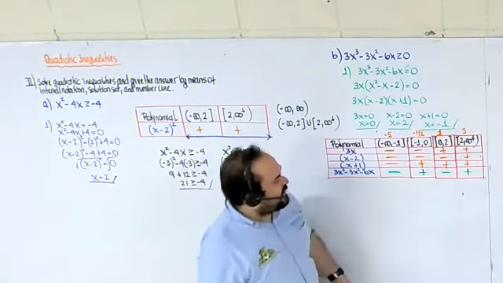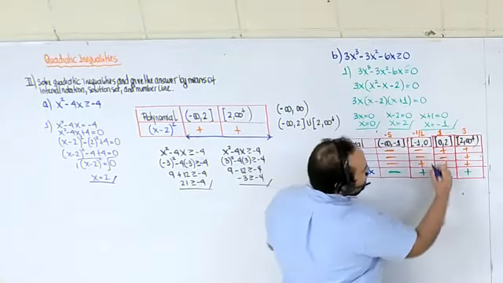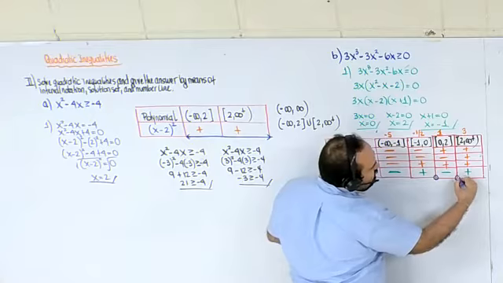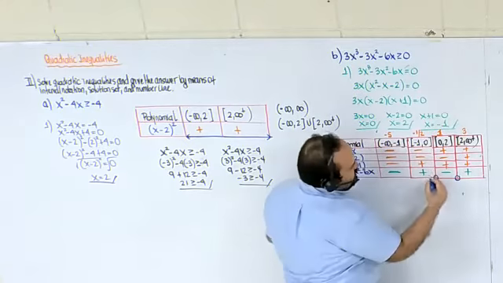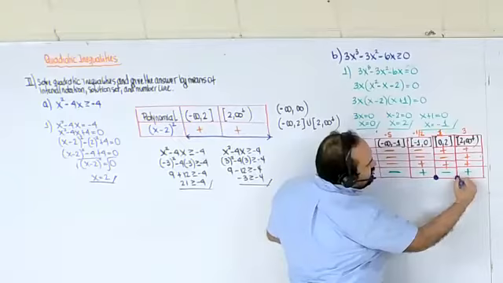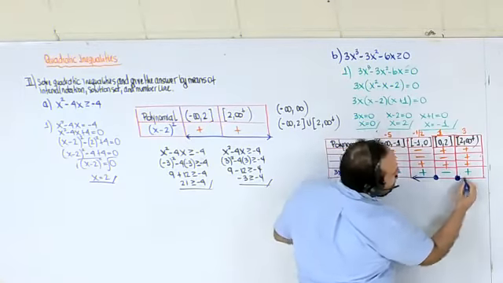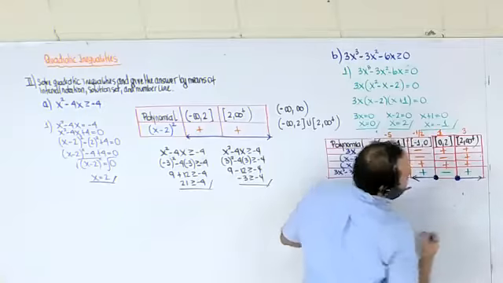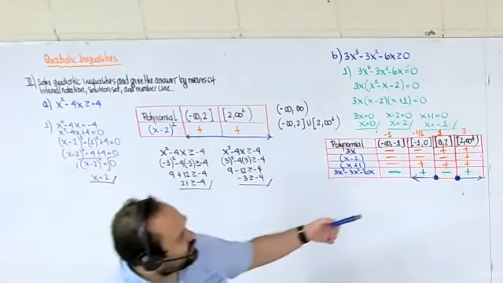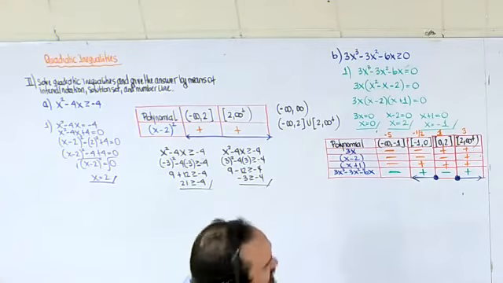Where is the positive sign located? Here and here, right? So I'm going to draw the circle in this column, one and another one, because in both cases they include the equal sign. I'm going to fill the circles, all right? And I'm going to draw the arrow, one over here and another one over here.